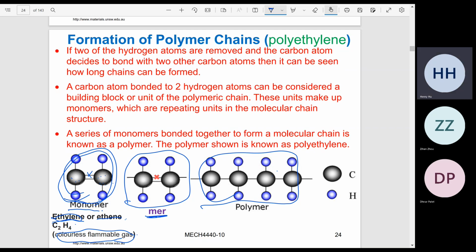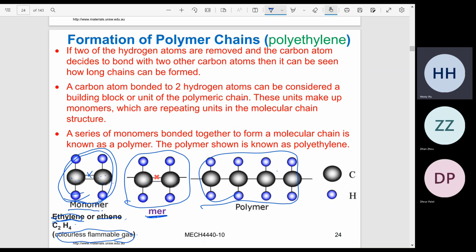And so that's what I said. If two hydrogen atoms are removed and the carbon decides to bond with two other carbon atoms, then a very long chain structure can be formed. The carbon atom bonded with the two hydrogen atoms can be considered as a building block, the repeating unit, or whatever you call it, which is a mer.